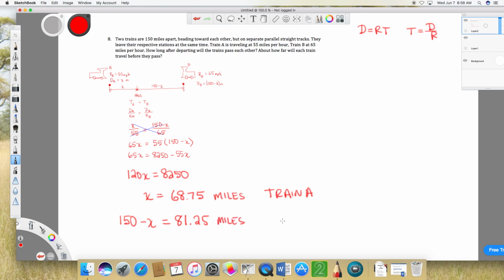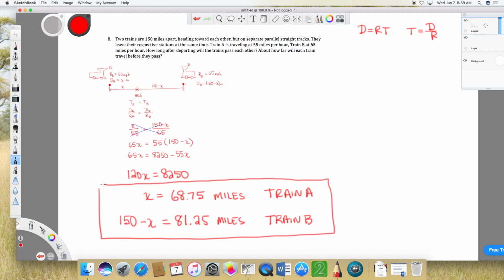That's the distance that Train B has traveled. So this answers the second question. Now let's come over and try to answer the first question.